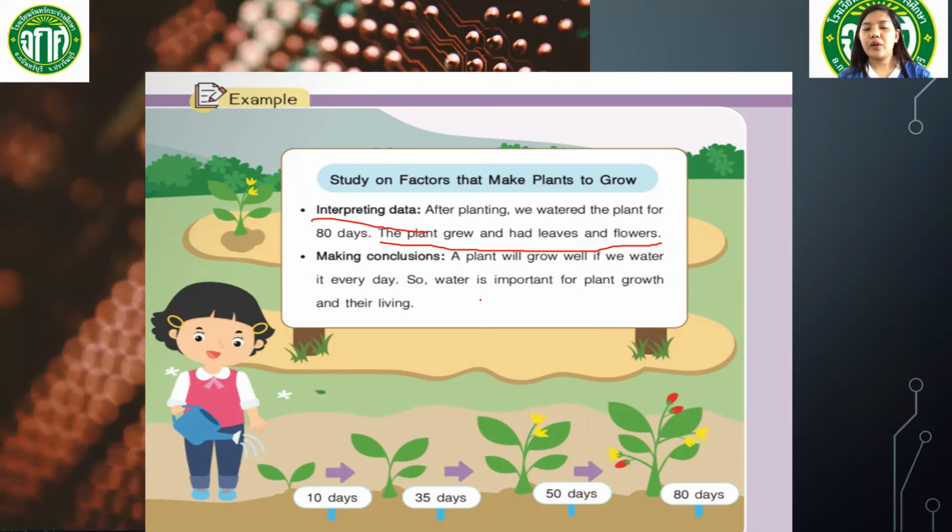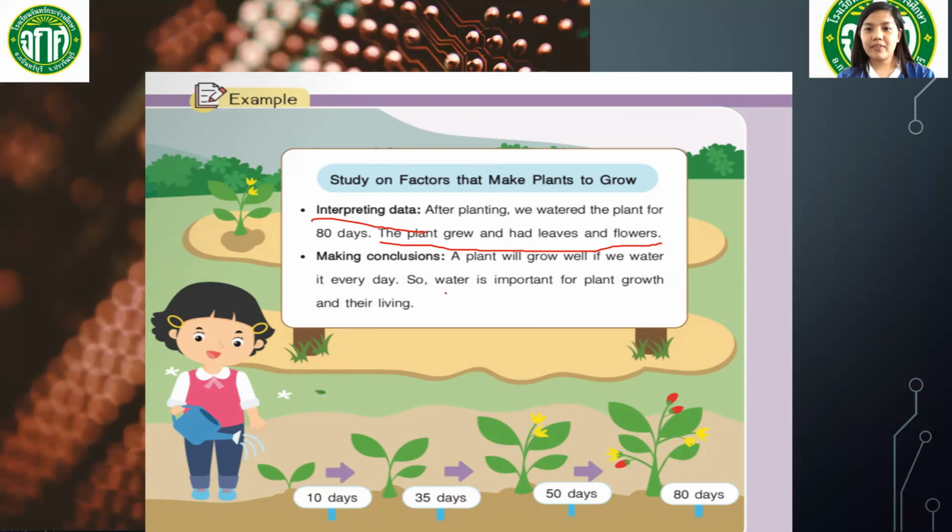And so we can say that water is important for plant growth and their living. That is how we interpret data and make a conclusion.